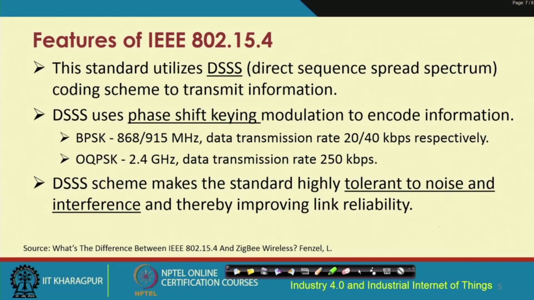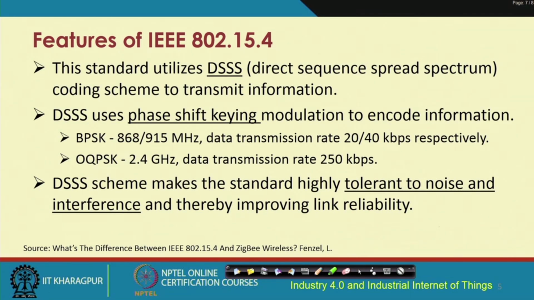reliability because these IoT systems typically operate in noisy environments where there is a lot of interference and so on. So, DSSS encoding is good for sending information in channels exhibiting these noisy characteristics.